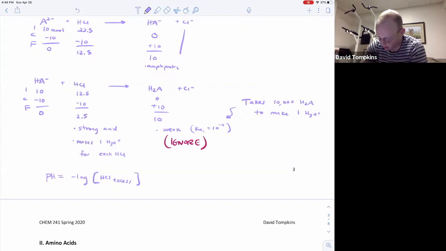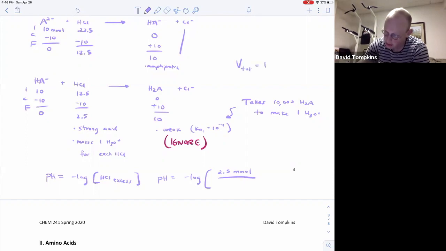And therefore the pH is equal to the negative log of the 2.5 extra millimoles of HCl divided by the entire volume. V total after mixing to this point is 145 mils. And that will give you the new accurate molarity after dilution and the final pH.